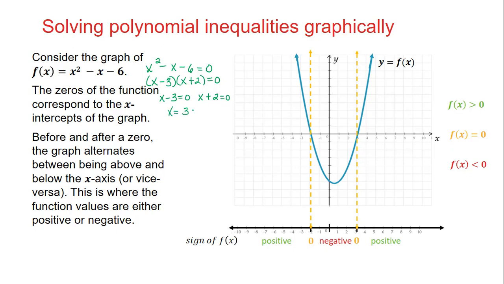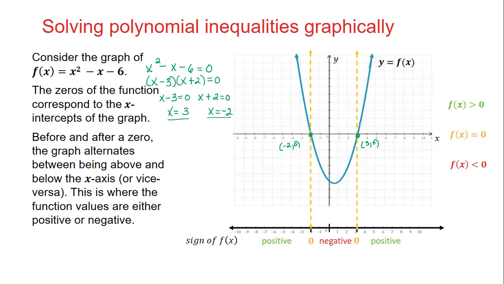So x is equal to 3 or x equals negative 2. So the 3 and the negative 2 are the x values that make this polynomial have an output of 0. And we see that graphically because at negative 2, 0, and at 3, 0, we have points on the graph. Right, those zeros correspond to the x-intercepts of the function.